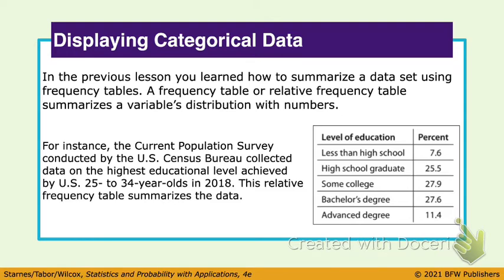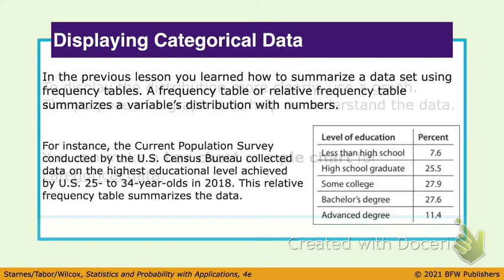So here we have the Current Population Survey conducted by the U.S. Census Bureau, which collected data on the highest education level achieved by U.S. 25 to 34-year-olds in 2018. This relative frequency table summarizes the data, so that's relative because it's in percents, and we've got our different categories here.